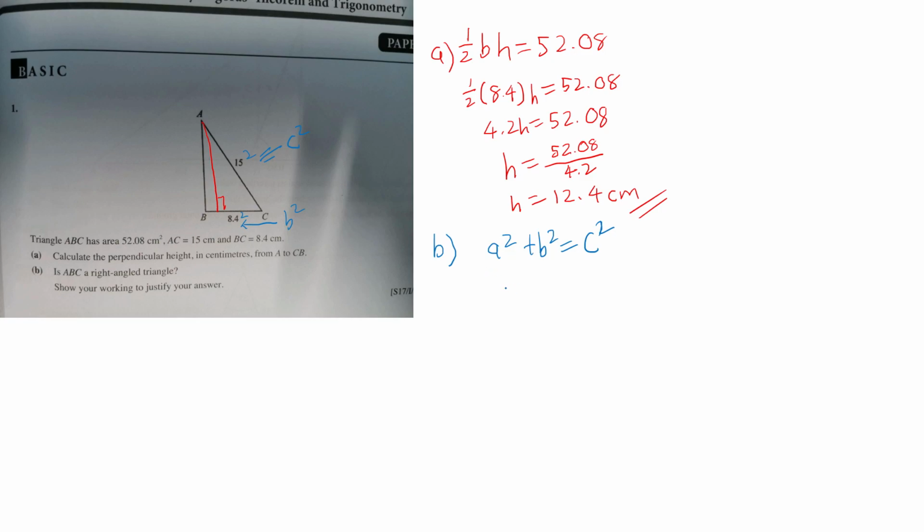So we bring our b over. Our a squared will be 15 squared minus 8.4 squared, which is equal to 154.44.